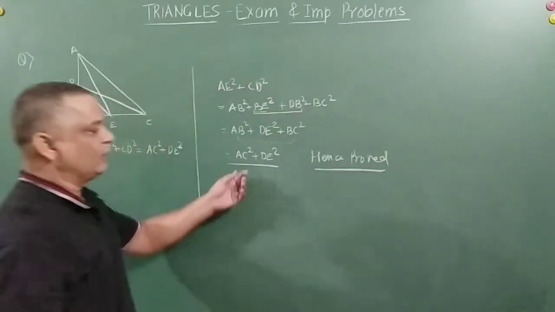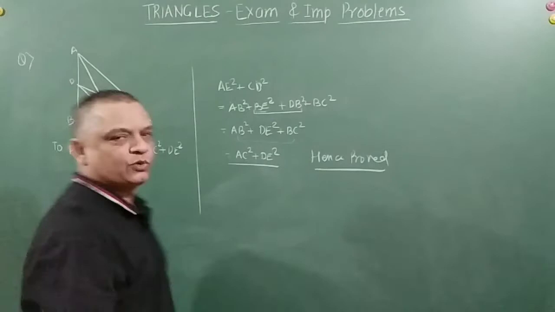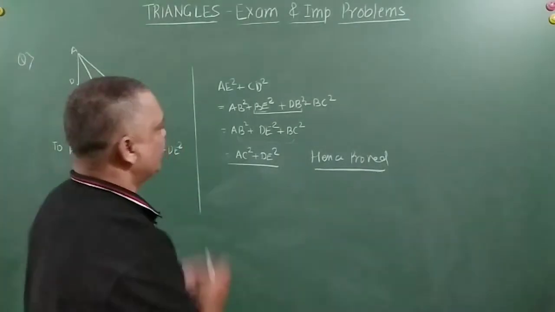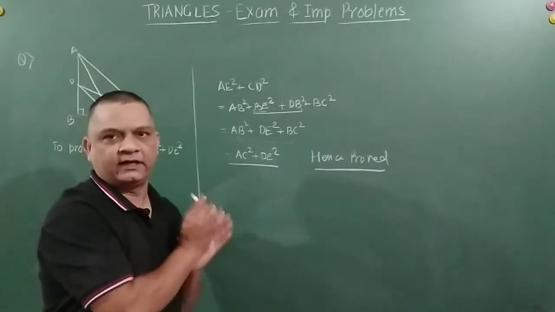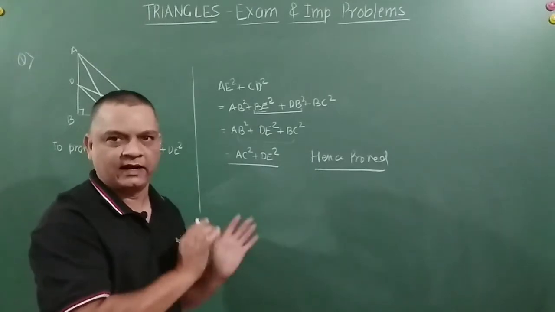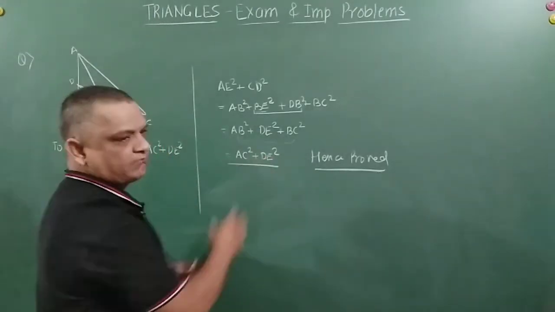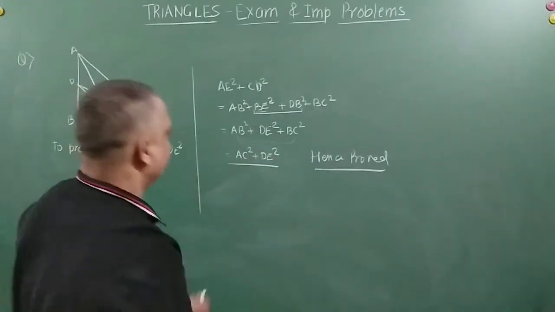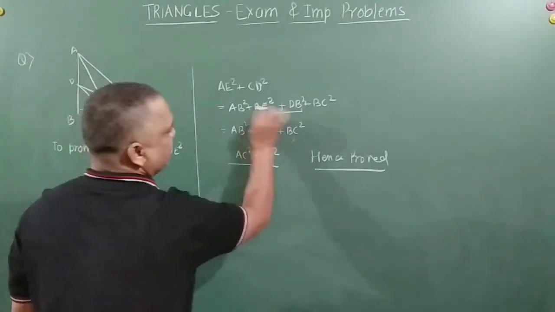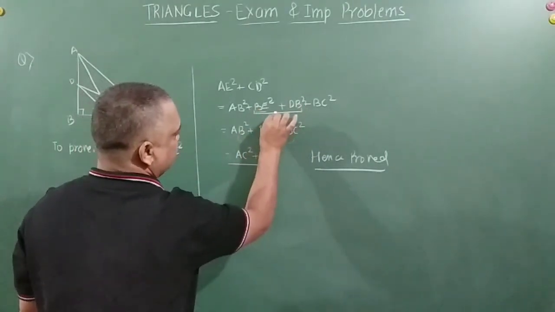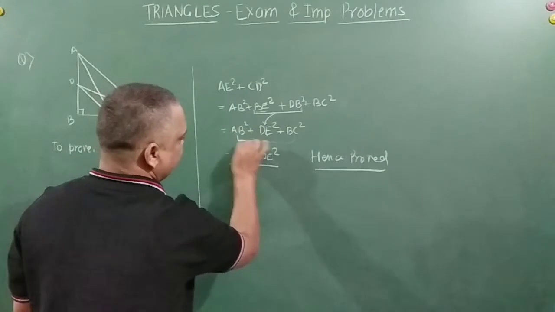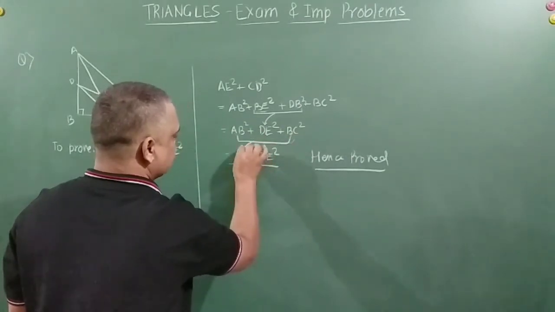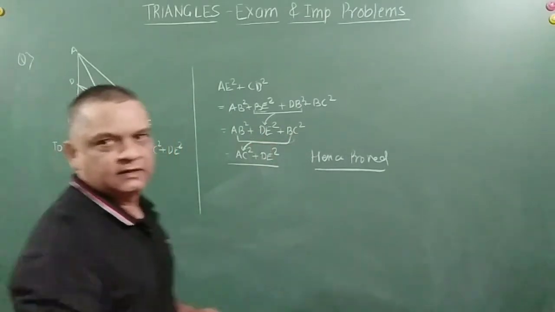I have not written all the steps friends, because we want to cover the maximum number of questions, but I have explained all the steps that I have done here. I hope this makes the point clear. I don't think there is any confusion here, this is straightforward. Basically, I have added these two and represented them like this, and I have added these two and represented it like this. That's it, nothing else.